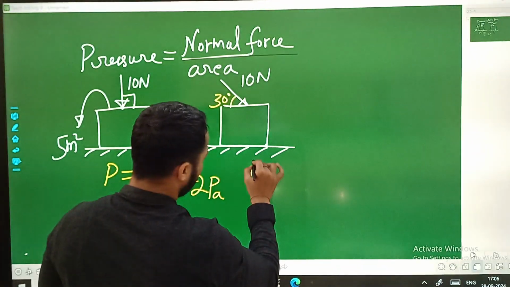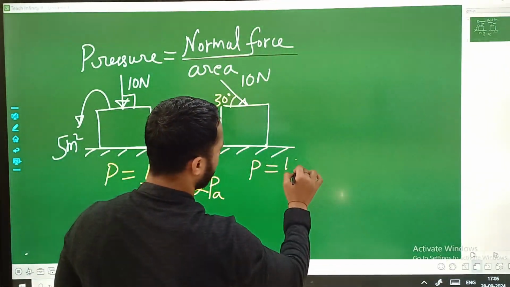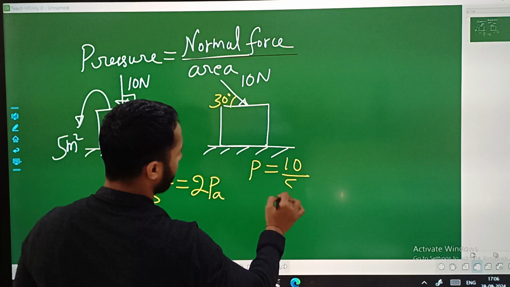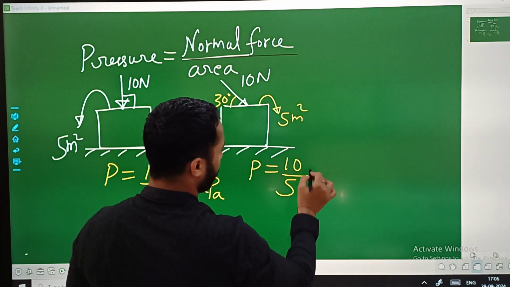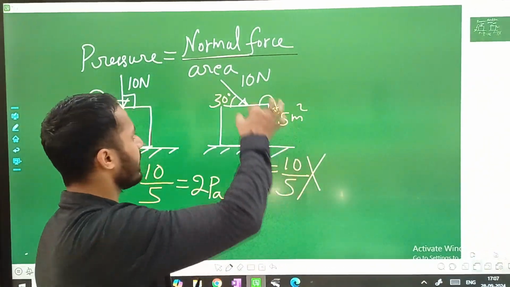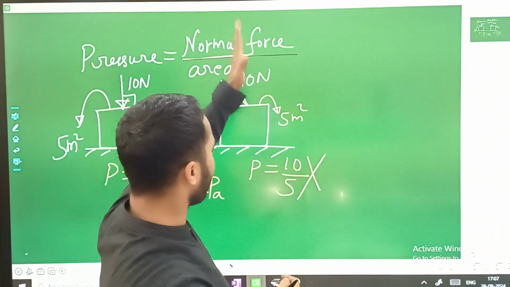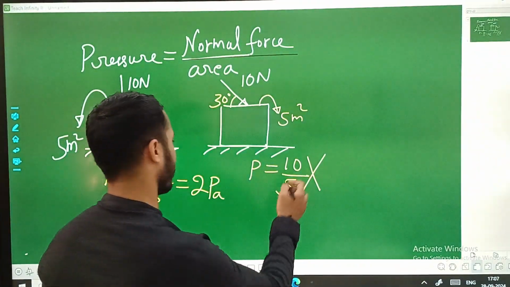If you calculate the pressure like this, keeping force per unit area 5, here also the area of the surface is 5 meter square. So this is the wrong way, because you are taking 10 Newton force, and you can see this 10 Newton force is not acting normally, it's acting at some angle on the surface.